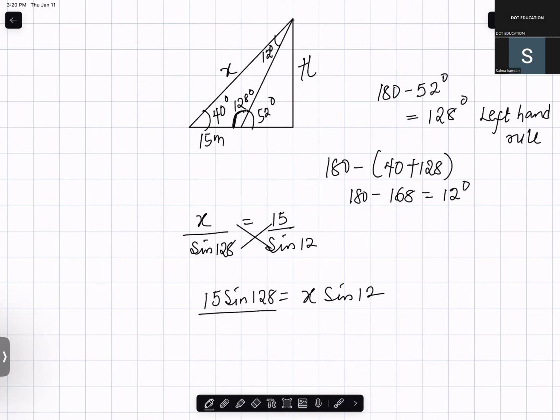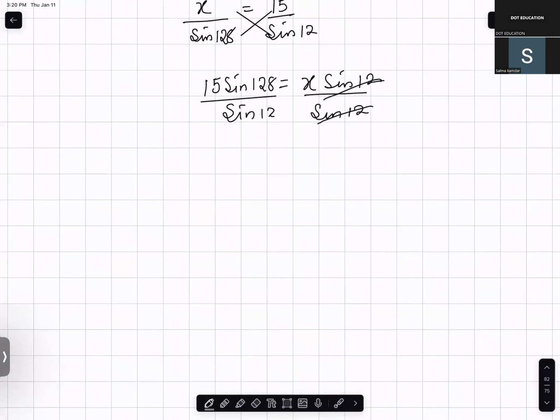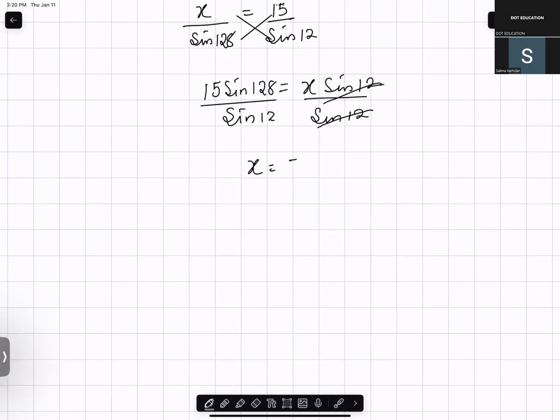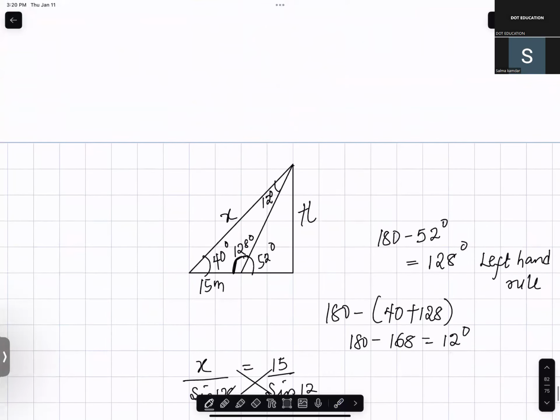So divide by sine 12. So 15 sine 128 divided by sine 12 gives 56.85. So I have this x already as 56.85 meters.